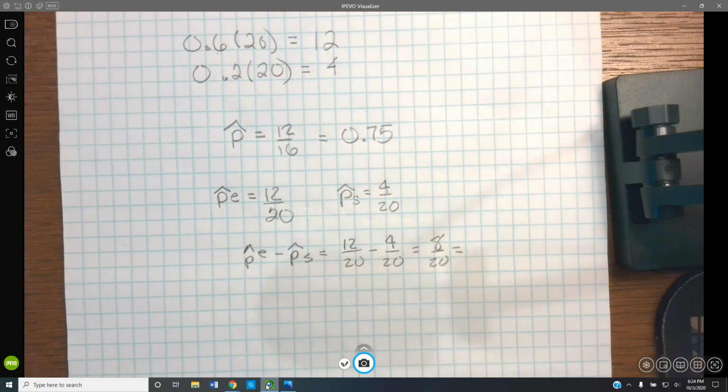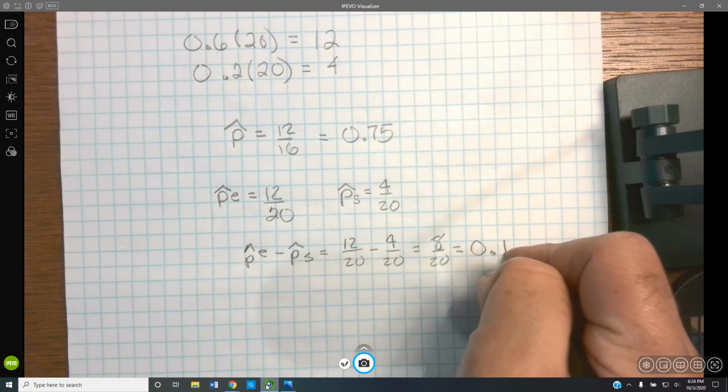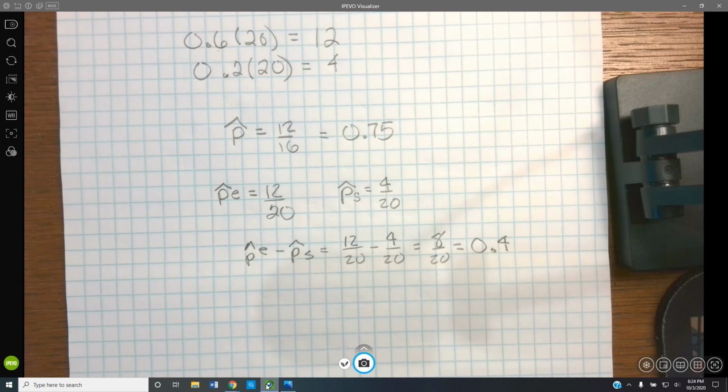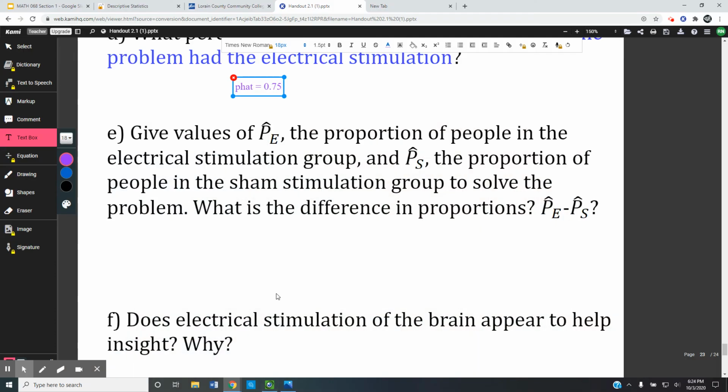And when you divide 8 by 20, it's going to be 0.4. So go back to my value. What is the calculation for the statistic? 0.4 or 40%.